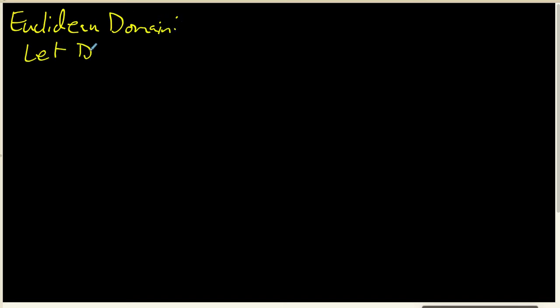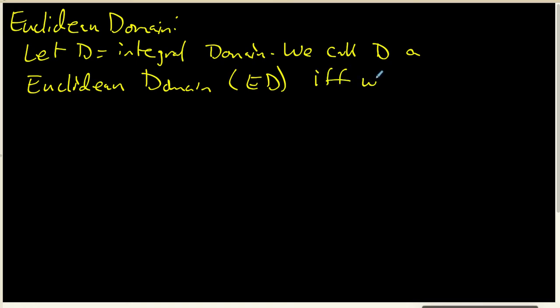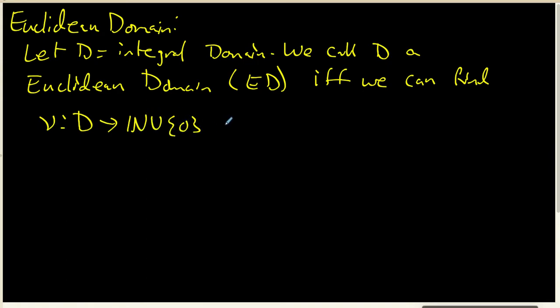We're going to let D be an integral domain, and we're going to call D a Euclidean domain, or an ED for short, if and only if we can find a function nu going from D to the set of non-negative integers, which can be written as N union with the set containing 0, that has the following two properties.